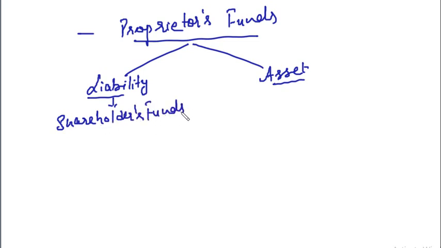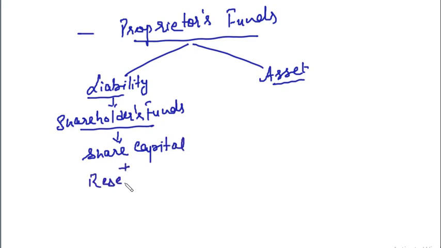What are shareholders funds? Share capital plus reserves plus or minus surplus. Why minus? If it is a loss, it will be subtracted. If it is a profit, it will be added. So this is the liability approach.